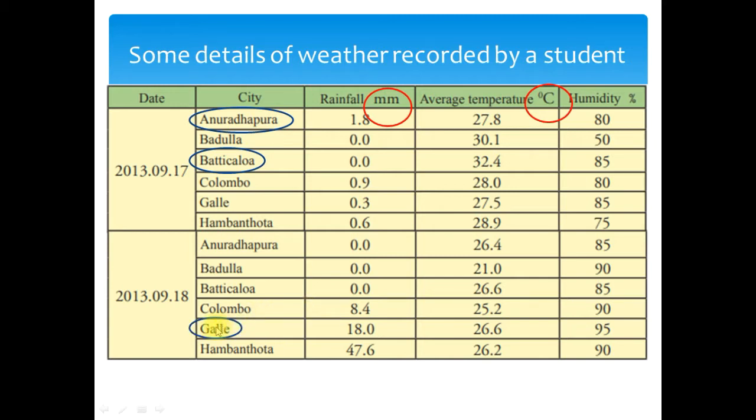Galle. It shows the highest humidity, and that is 95. Which city recorded the highest rainfall on 18/9/2013? That is Hambantota. The rainfall is 47.6 millimeters.